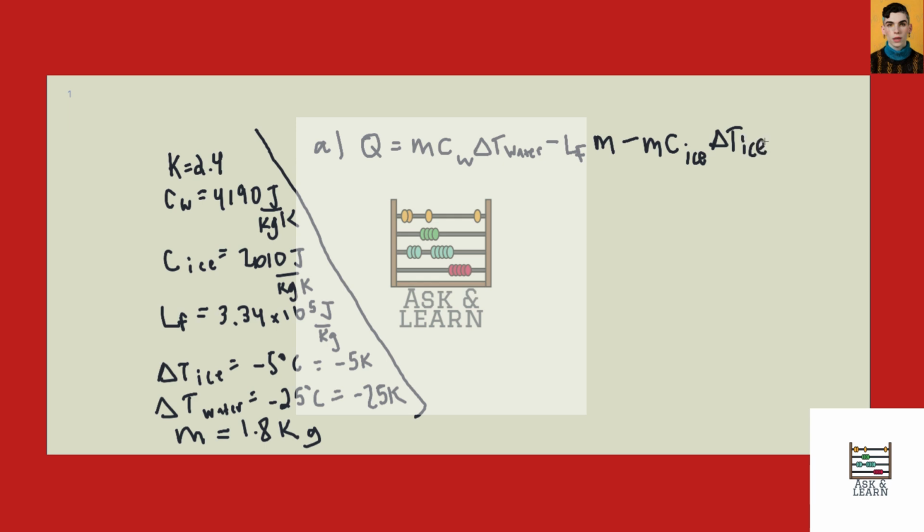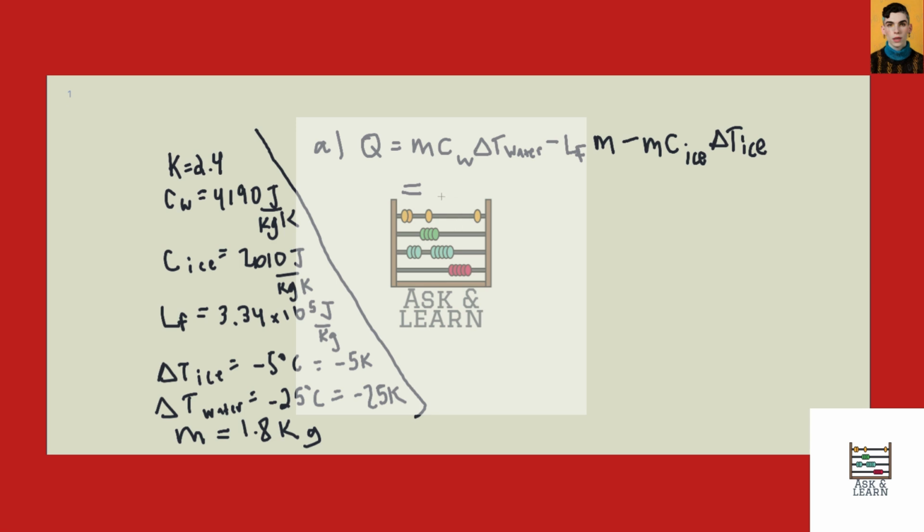Great, and so I tried to label everything, but basically you just need to plug in all the numbers from the left into the formula on the right. So that's 1.8 times 4190 joules per kilogram Kelvin times minus 25 Kelvin, minus 3.34 times 10 to the 5 times the mass 1.8, minus the mass 1.8 times C of the ice, 2010 joules per kilogram Kelvin, times delta T of the ice, minus 5 Kelvin.